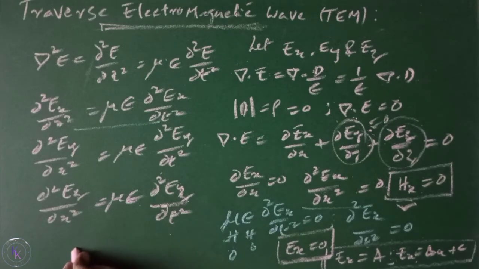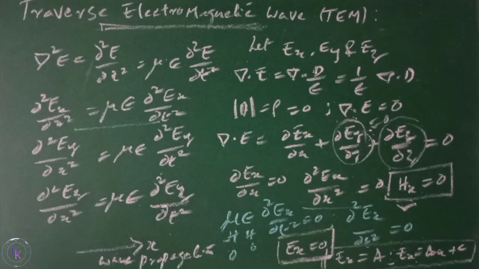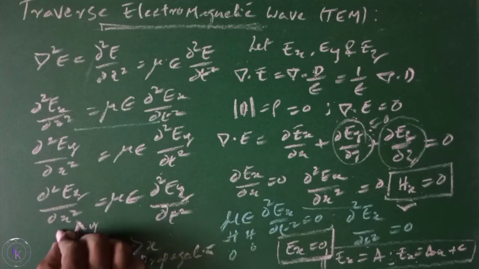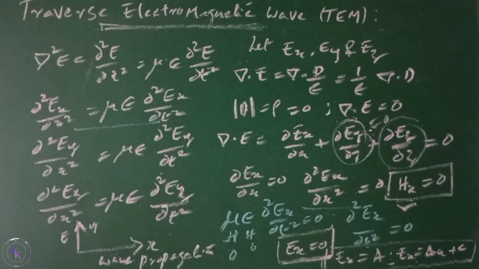If the direction of wave propagation is along the x axis, then along y the electric field will be Ey, and along z the magnetic field Hz will be there.